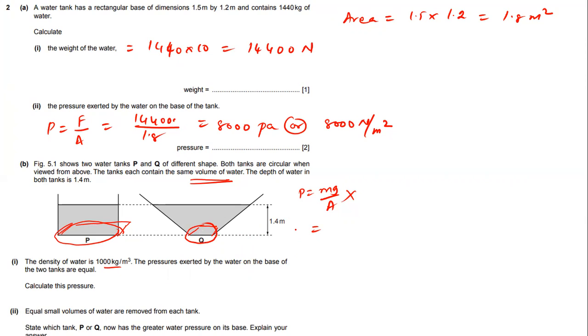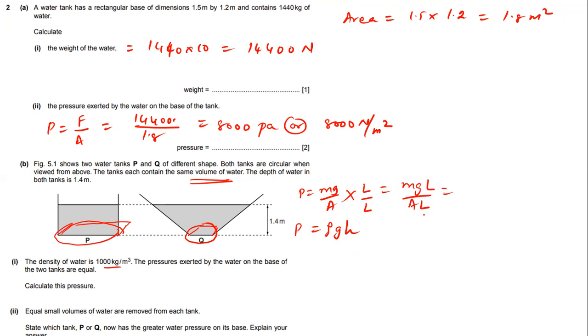There is another expression, hope you know about this, which is rho g h. Are you aware of this equation? If you're not aware of this, let me teach you how you get this. I have pressure equal to mg by A. I'll multiply on both sides by L. I get mgL divided by A into L. What is A into L?